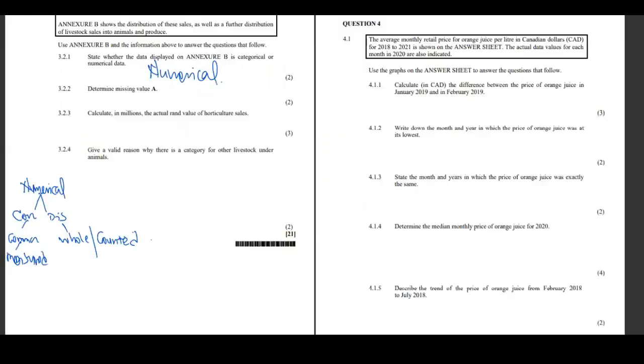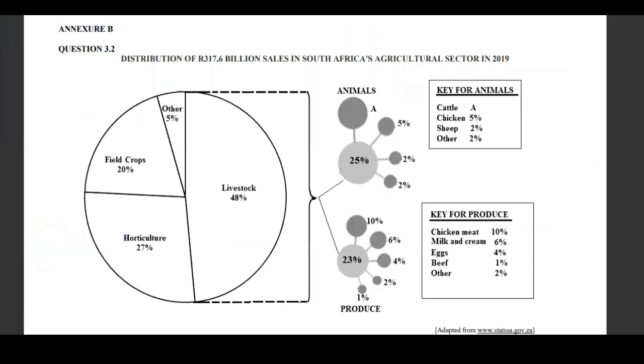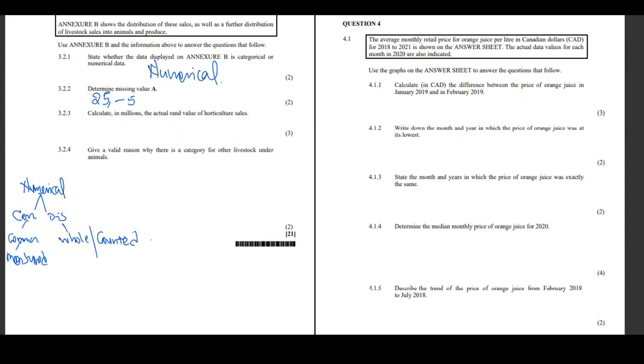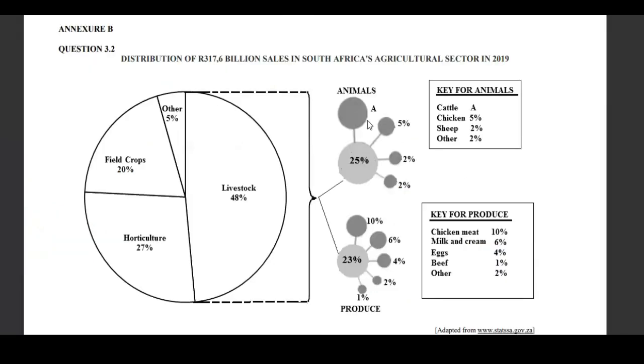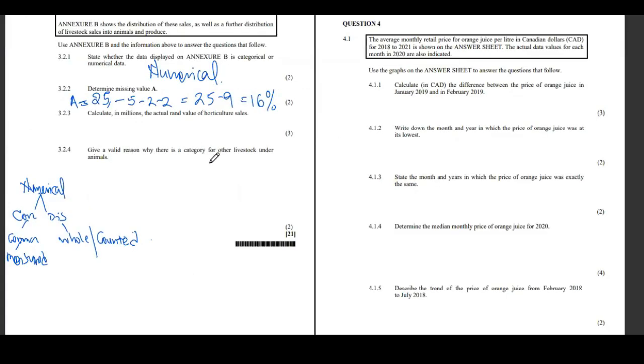So the value of A will become 25 minus 5 minus 5 minus 2 minus 2, which is the same as 25 minus 9, and the answer becomes 16%. Please do not forget that. I'm looking at it, and it takes on a bigger part of it. Okay, we continue with the next question.